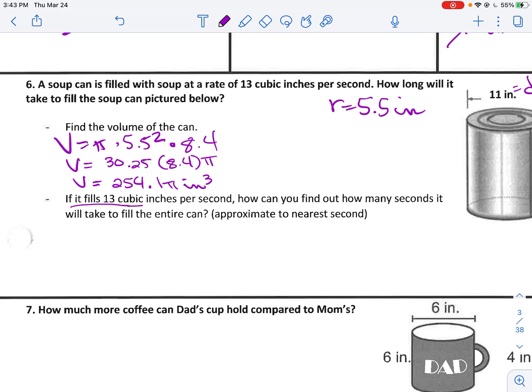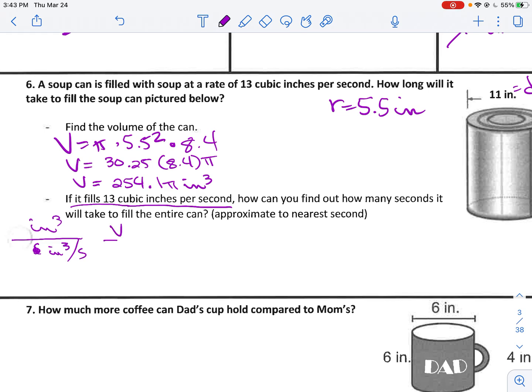If it fills at 13 cubic inches per second, how can you find how many seconds it takes? We divide the volume by the speed, cubic inches per second.